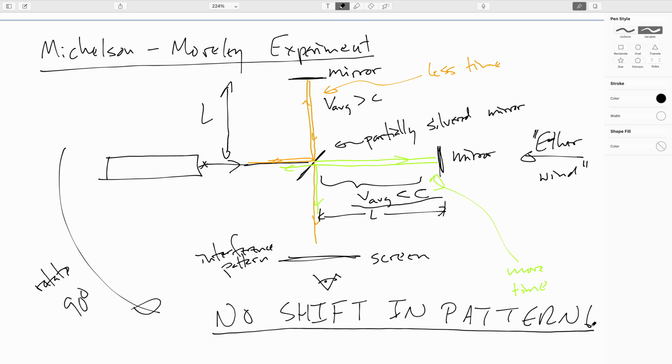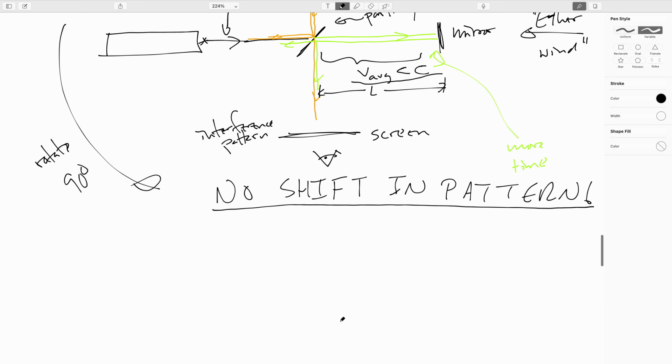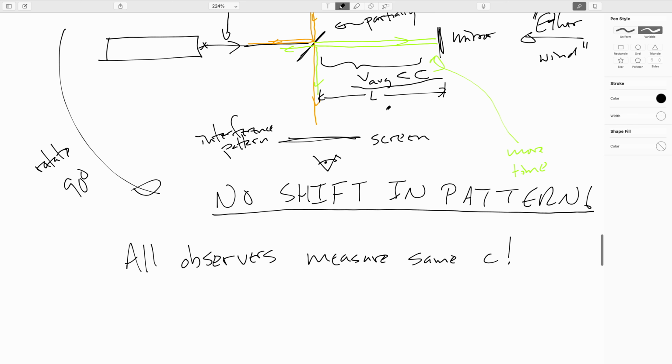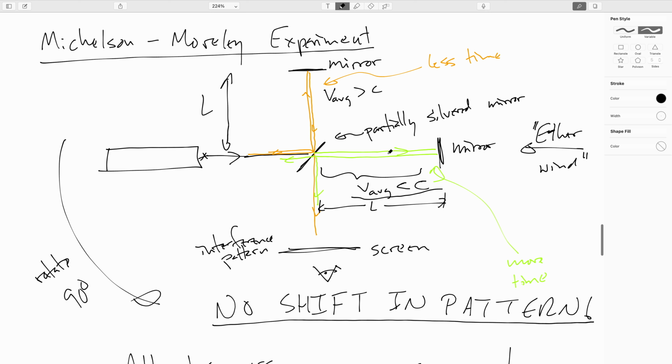Because there was no shift in the pattern, this meant that both of these observers, and then we can extend this out eventually to argue for all observers, measure the same speed of light. They all agree that it goes at 3 times 10 to the 8 meters per second. It's the only way to keep this pattern from shifting.